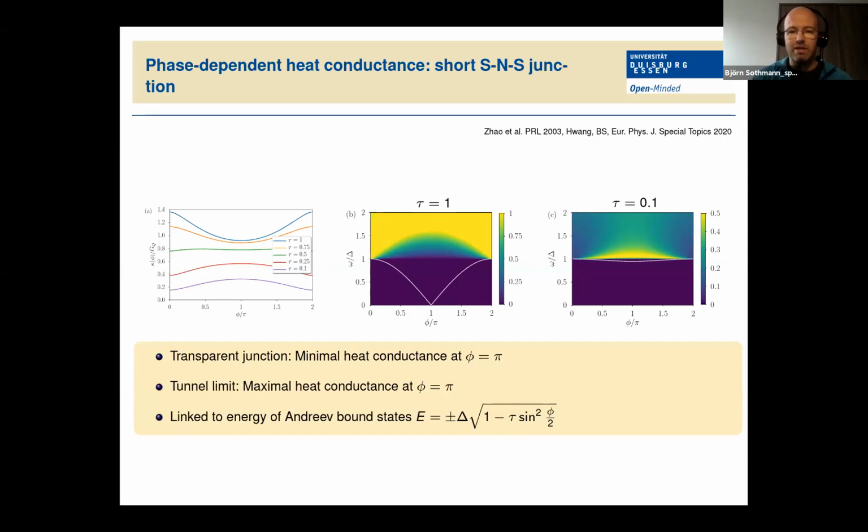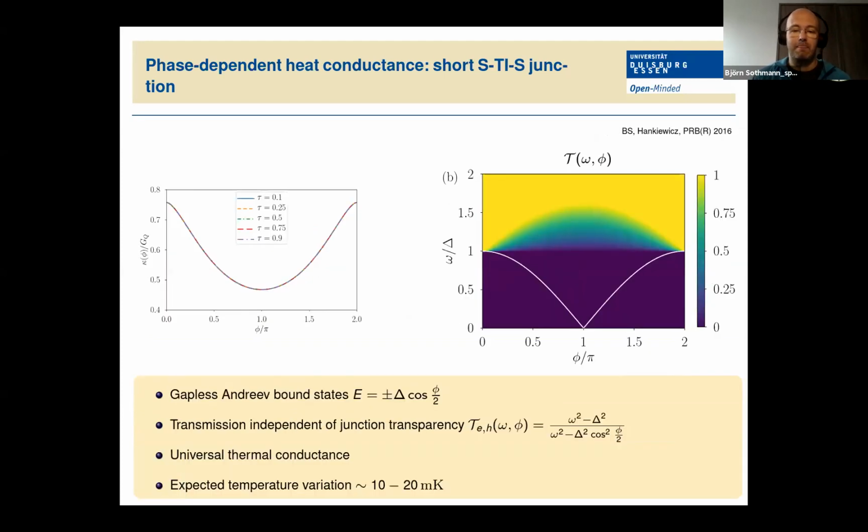Now, what's in the topological case? Here are similar curves for the phase-dependent thermal conductance for a short superconductor topological insulator Josephson junction. And what you see is that all of these curves collapse directly onto each other. So there's really a universal behavior of the thermal conductance in the topological case. Why is this?